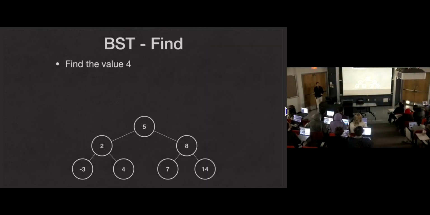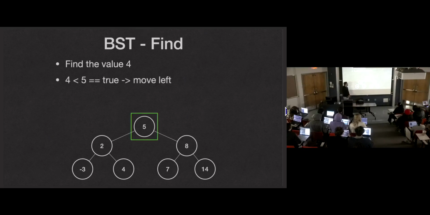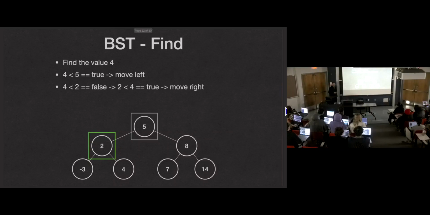So in this tree, we want to find the value 4. We're going to ask, does 4 come before 5? Or is 4 less than 5? And the comparator is going to say yes. We're going to move to the left. Is 4 less than 2? Comparator is going to say no, so we invoke the comparator again, swap the arguments, and say, does 2 come before 4? Comparator is going to say yes, so we're going to move to the right.